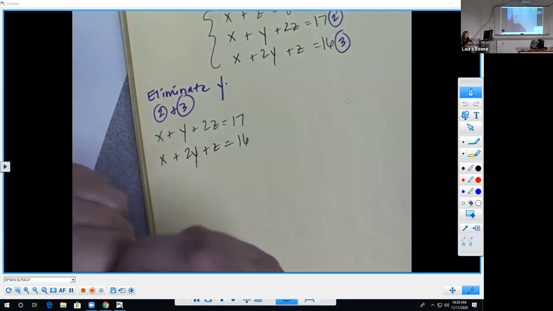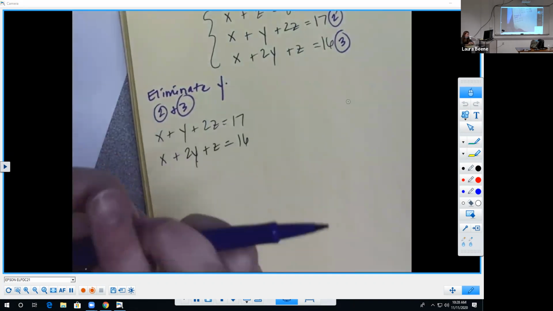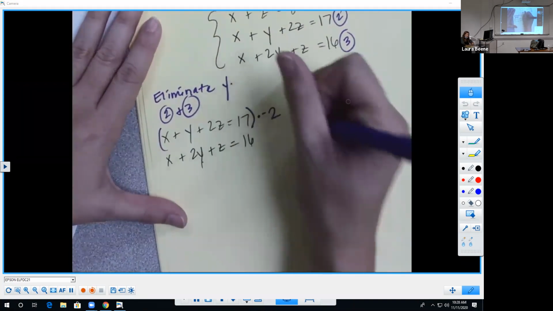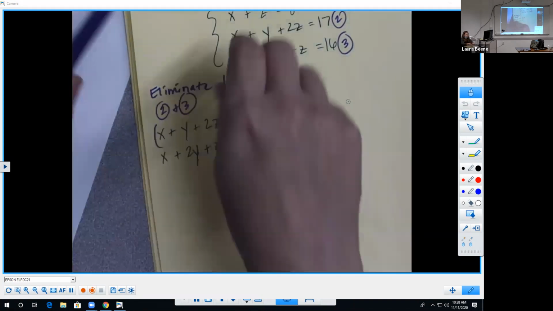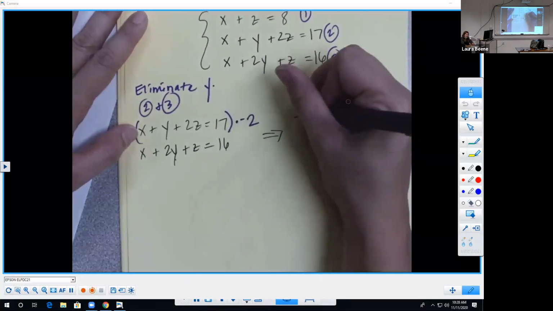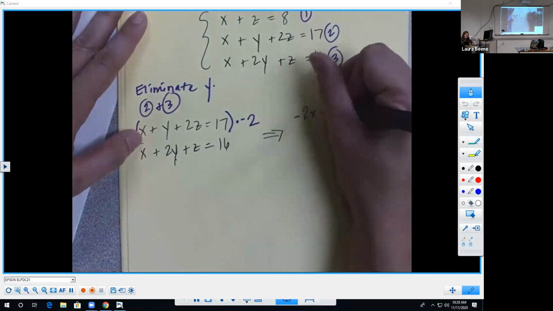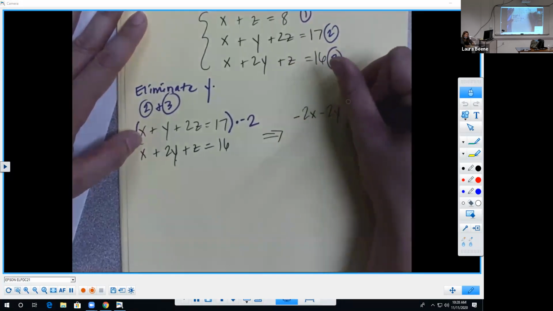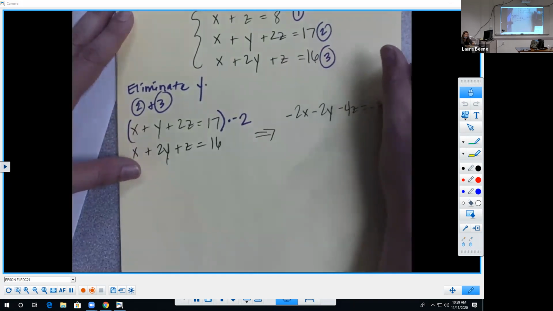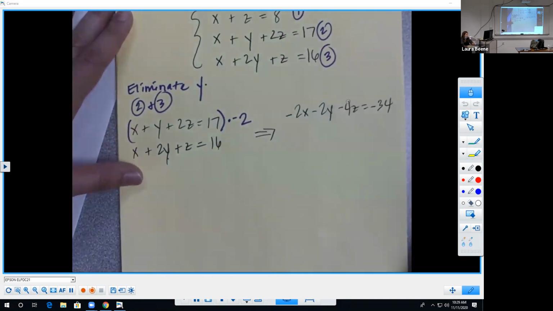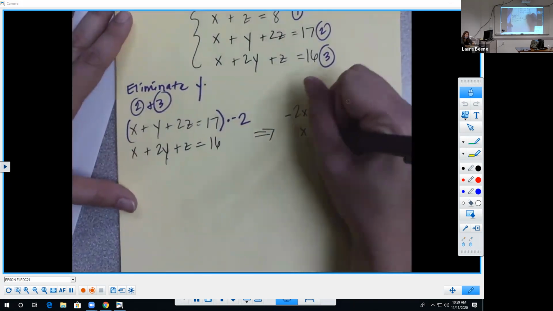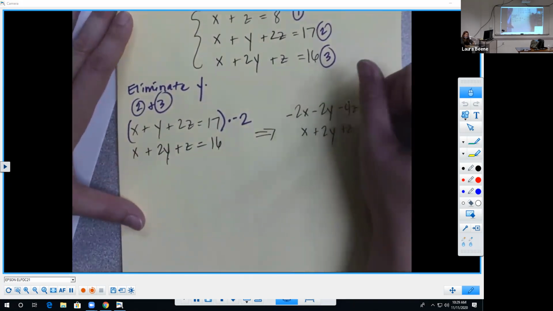Which equation do I need to multiply by what? The top one by -2. You have to multiply the top equation times -2. So when I do that, I get -2x minus 2y minus 4z equals -34. The bottom equation is still x plus 2y plus z equals 16.